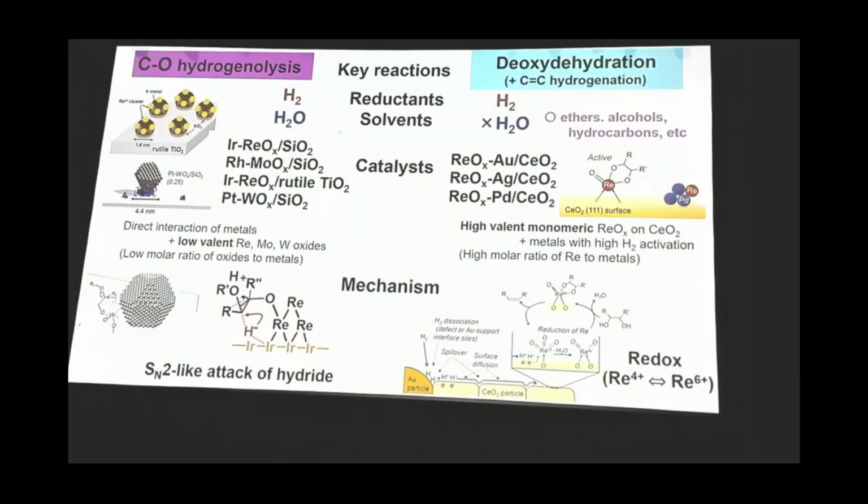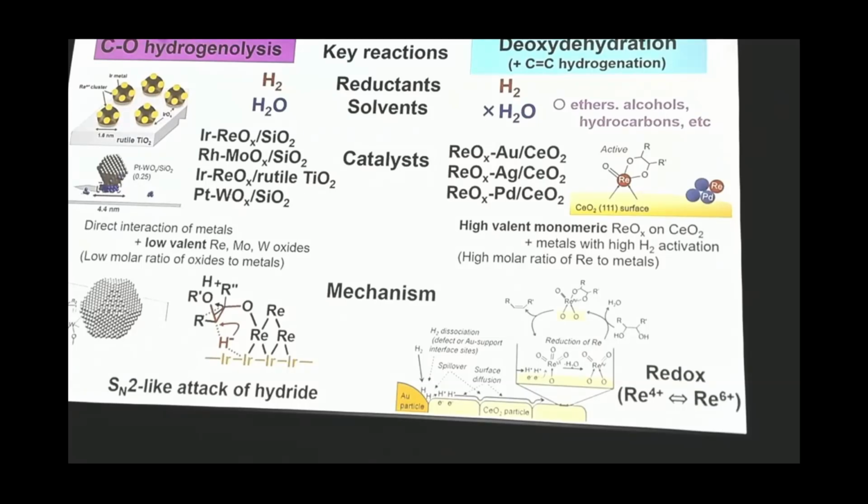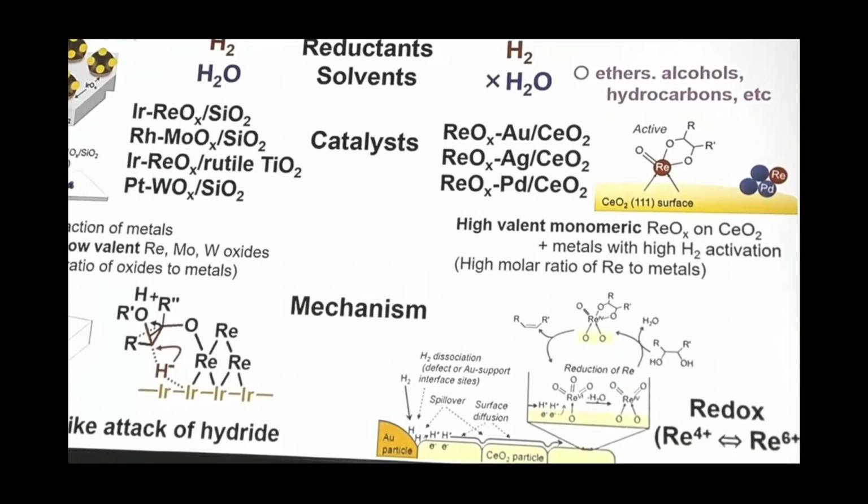The important difference is the solvents. The reductant is hydrogen in most cases, but for the solvent, water is used for these reactions. Water is a very good solvent for these reactions.